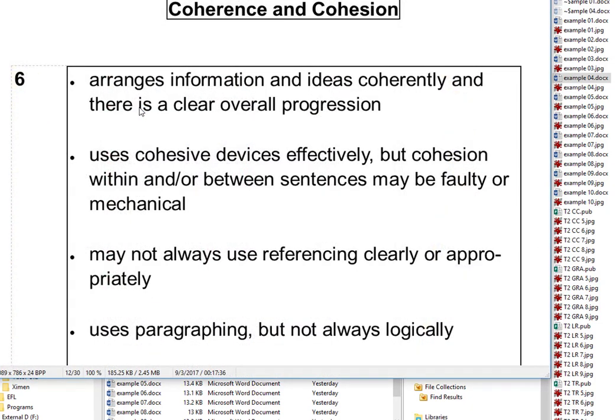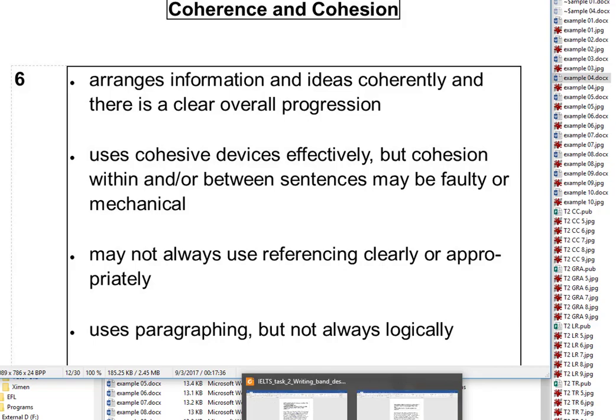So, for coherence, yeah, the ideas are coherent. There does seem to be progression. Cohesive devices are usually effective. Cohesion within or between sentences may be faulty or mechanical. Well, that's not true for this text. May not always use referencing clearly or appropriately.